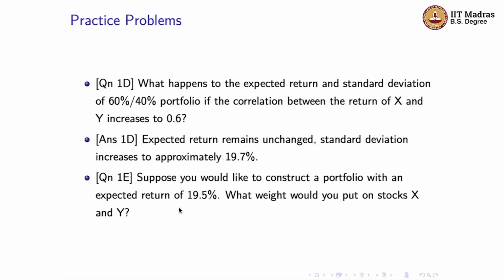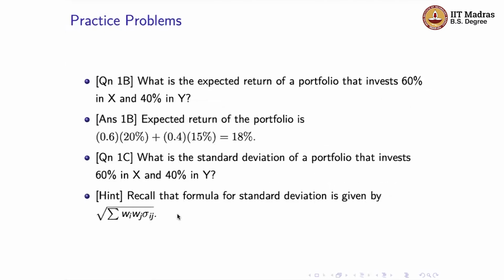Okay, so now suppose that you have been asked by a client to construct a portfolio with an expected return of 19.5%. What weight would you put on stocks X and Y? Now, if you think about this question, this is a bit different from the one that we have just answered in parts B, C, and D. In parts B, C, and D, we were told the composition of the portfolio, and then we calculated the expected return and the variance or standard deviation of the return.